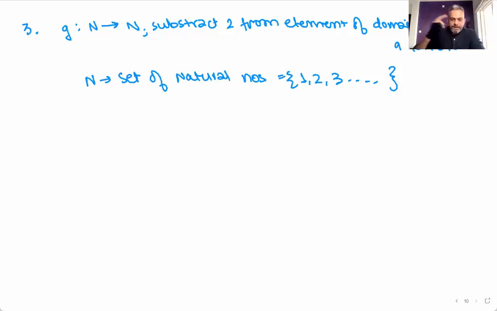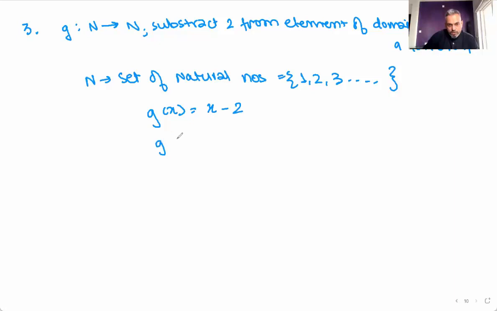Now from elements of domain, if we have to subtract 2, so we can make an equation g of x is equal to x minus 2. क्योंकि हर एक एलिमेंट जो N में है, डोमेन में है, उसमें से 2 माइनस करना है. So we can make this equation for function g of x is equal to x minus 2.